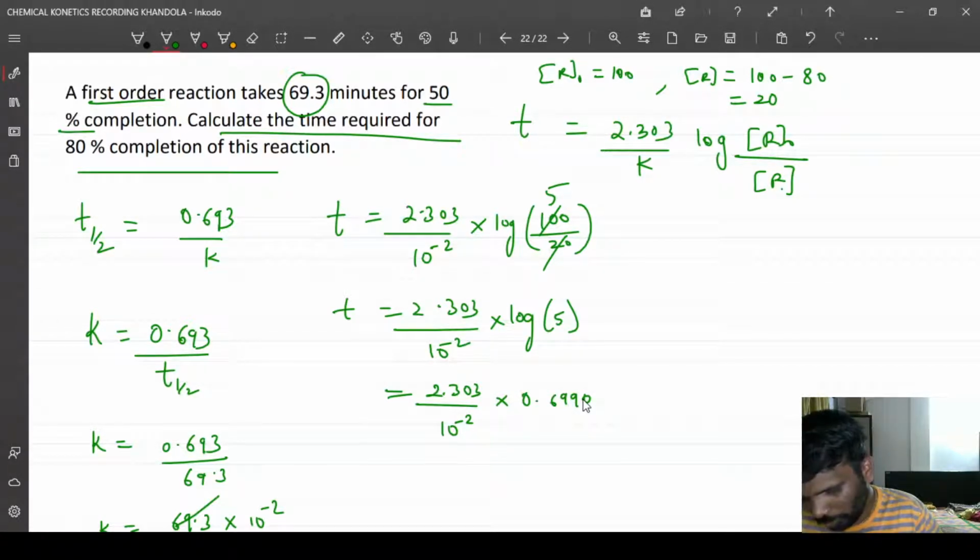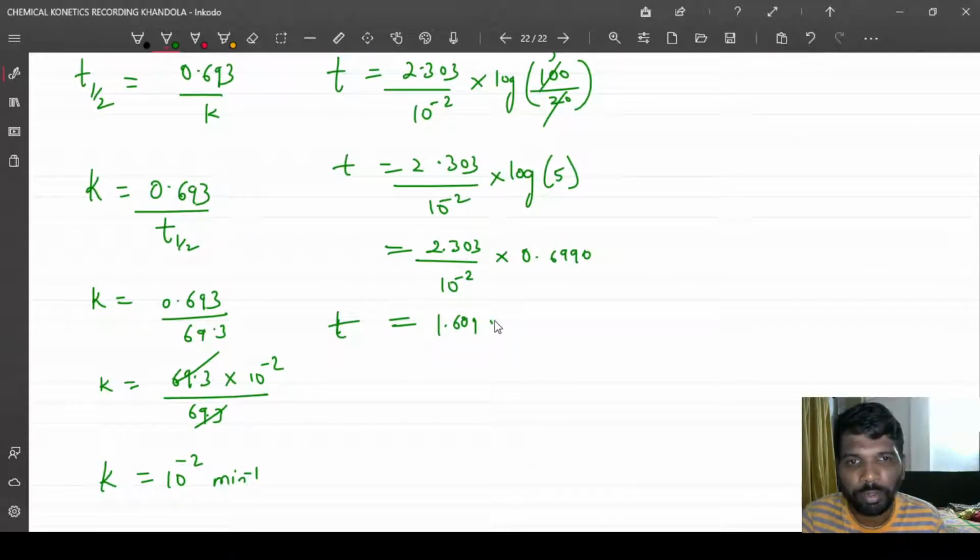So 0.6990 multiplied by 2.303. Okay, I am getting this answer. Time is equal to 1.609 upon 10 raised to minus 3. We can forget this.